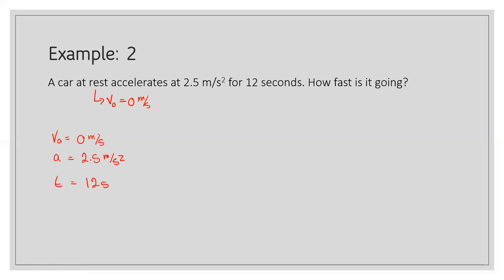You'll notice meters and seconds are the only units I have here, which is good. That's what we want. That means our velocity is going to be in meters per second, and that's what we're looking for. So our equation is acceleration is the final velocity minus the velocity at time 0 divided by the change in time.